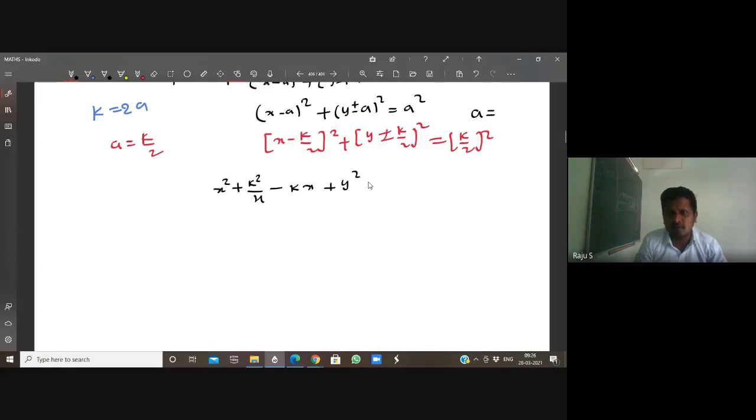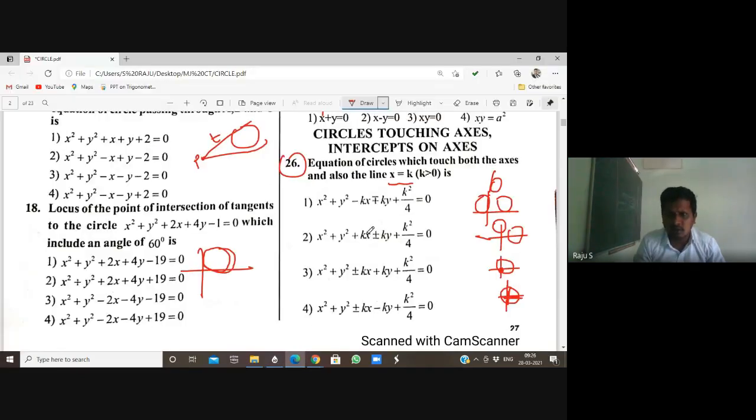Y square, a square plus b square means plus or minus k by 2 whole square, and plus or minus ky, k square by 4. One k square by 4 gets cancelled. Remaining is x square plus y square minus kx plus or minus ky. Yeah, minus kx plus or minus ky plus k square by 4 is equal to 0. Clear?